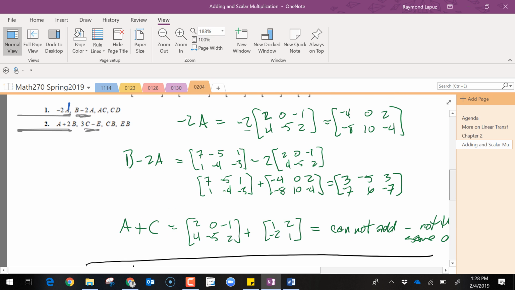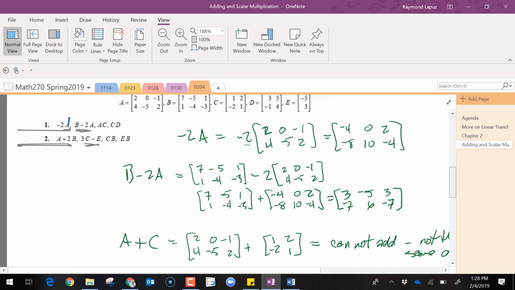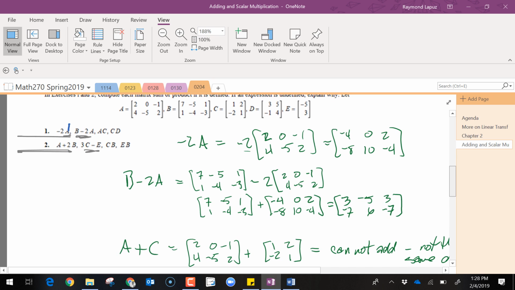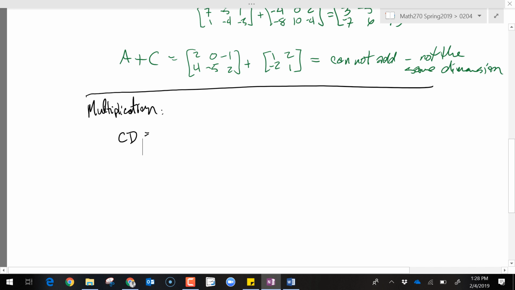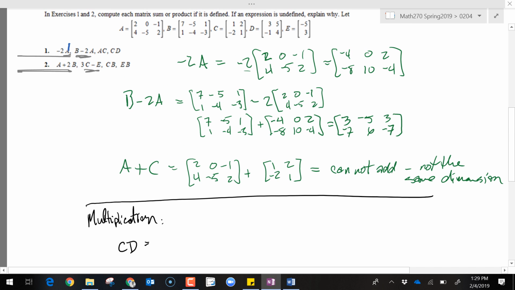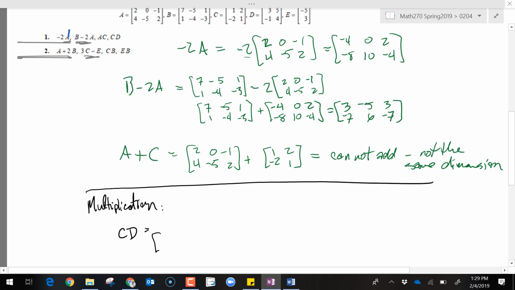So we've started to talk about multiplication already, kind of. Let's multiply C times D first, where C is equal to 1, 2, minus 2, 1, and D is equal to 3, 5, minus 1, 4.